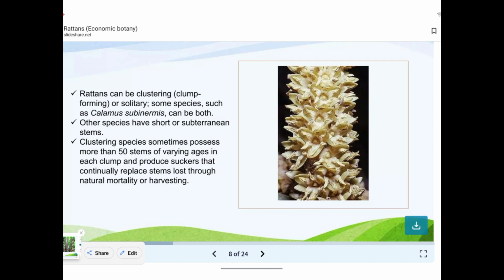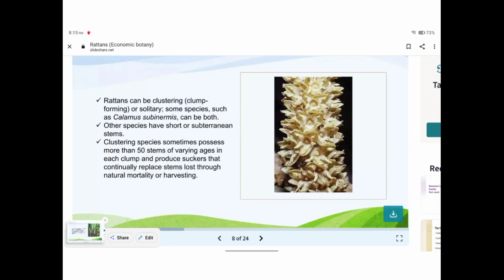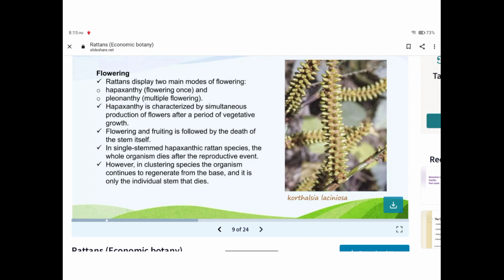Clustering species sometimes possess more than 50 stems of varying ages. When they form a cluster, so many stems get united and form a cluster. Okay, leaves get formed. Then we have the flowering.